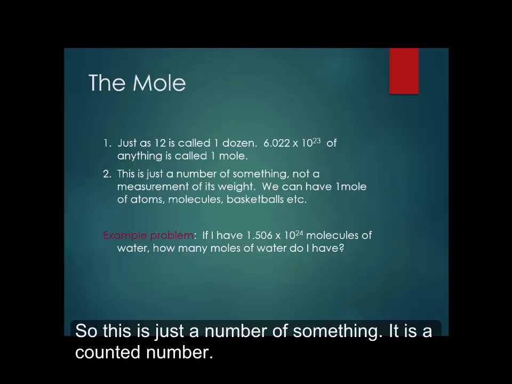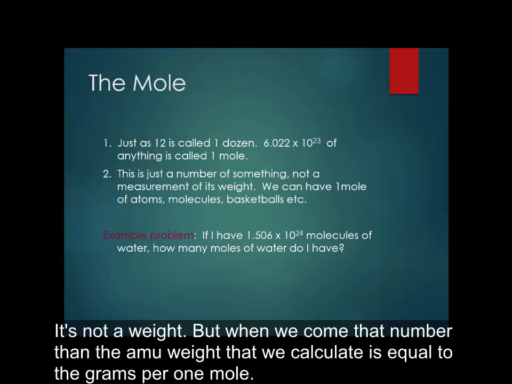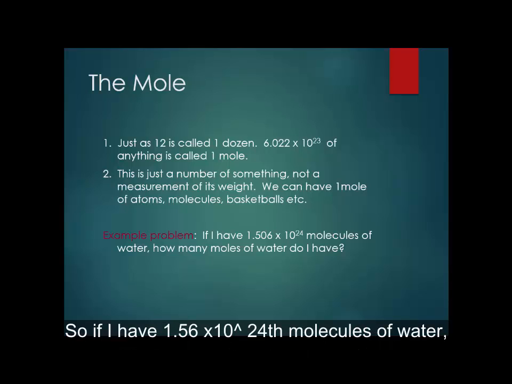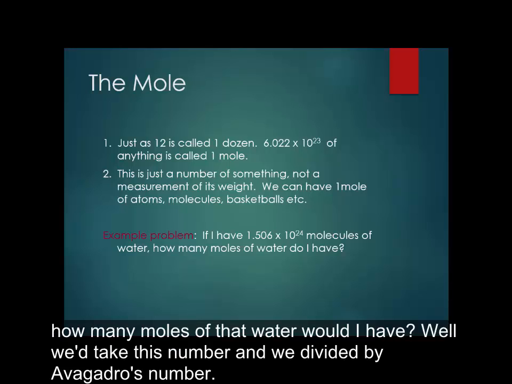So this is just a number of something. It's a counted number. It's not a weight, but when we count that number, then the AMU that we calculate is equal to the grams per 1 mole. So if I have 1.56 times 10 to the 24th molecules of water, how many moles of that water would I have?